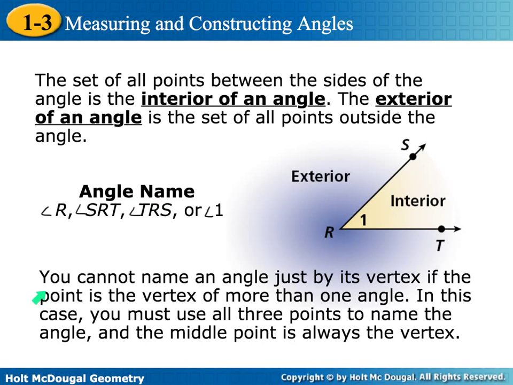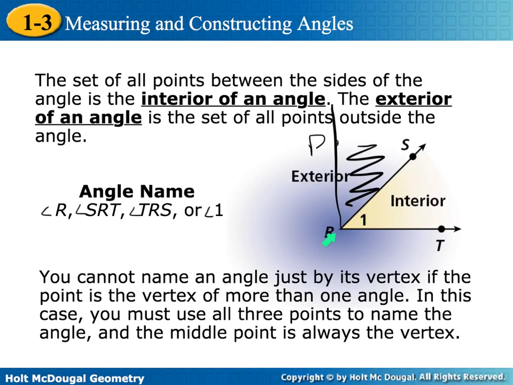Down here, notice, you cannot name an angle just by its vertex if the point is the vertex of more than one angle. In this case, you must use all 3 points to name the angle, and the middle point is always the vertex. So if I drew another line here with a point P, and I wrote angle R as this angle right here, I wouldn't know what angle you're talking about.